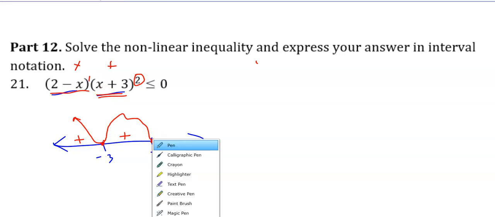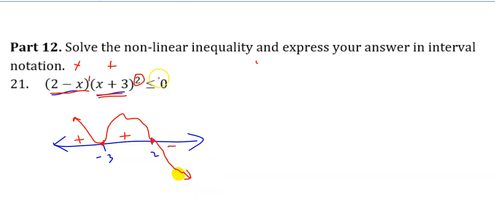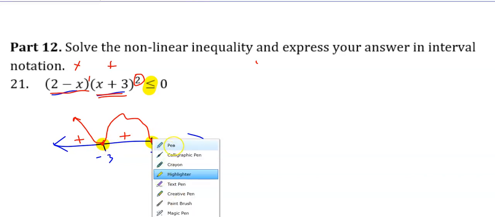I want to find the graph when it's less than or equal to 0. So where is it, below the line or on the line? What's interesting is that's all below the line or on the line. And there's this one little point right there that is also on the line.